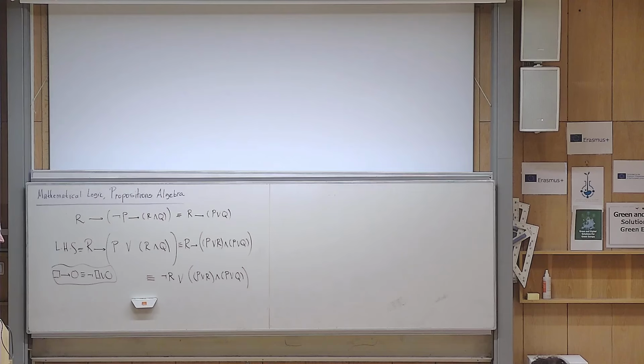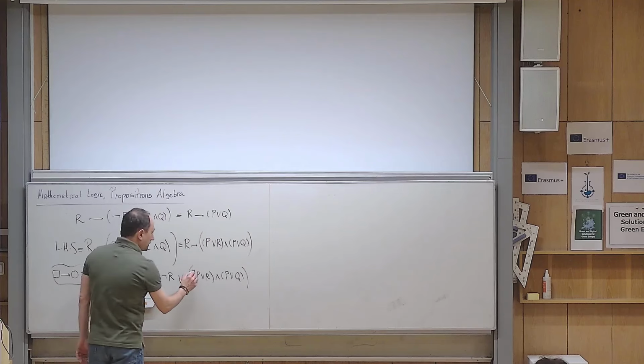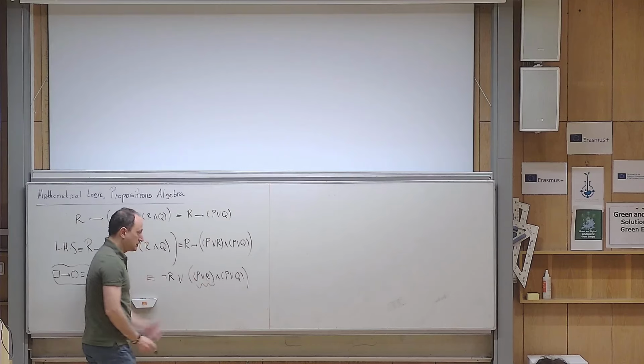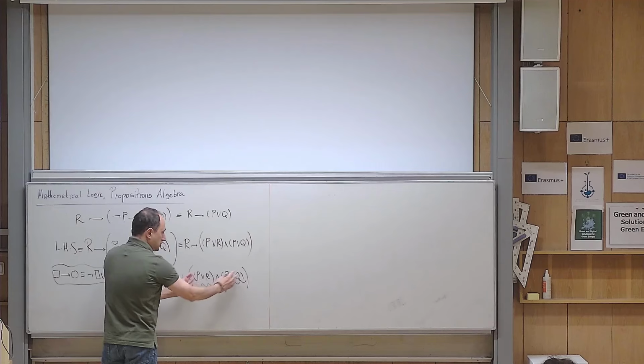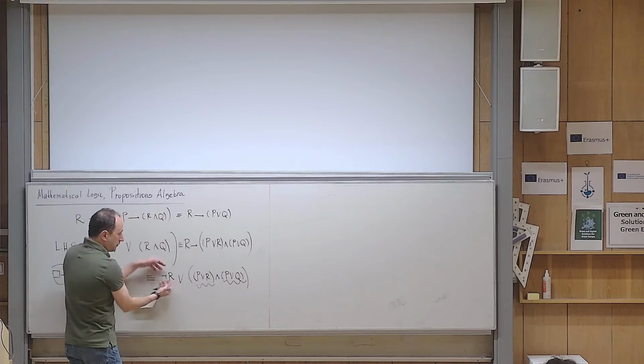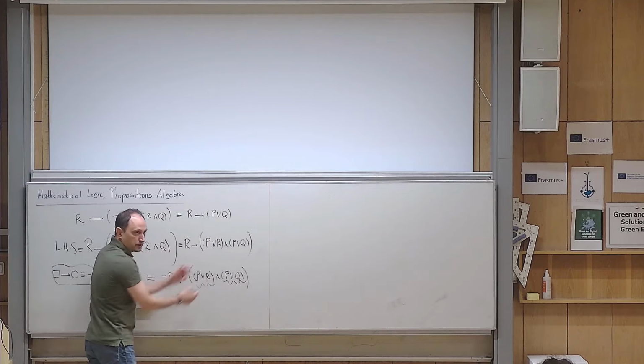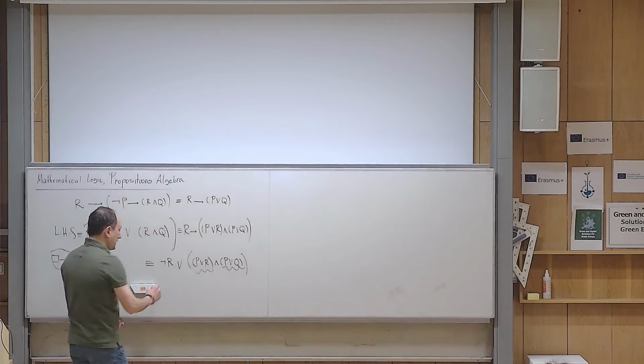Then what? Then you distribute again. Distribute what over what? Negation of R over the whole thing. I don't care what this name is. This is one proposition. This is another proposition. They have the conjunction between them, but they all have also a disjunction outside. So I can distribute the disjunction over the conjunction. Yes? So what will happen here?